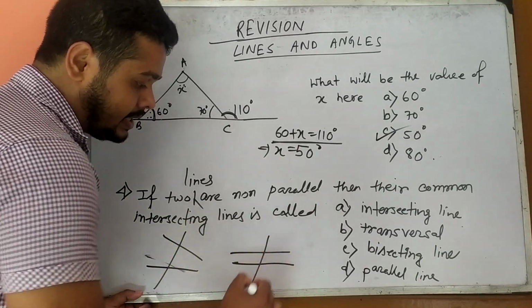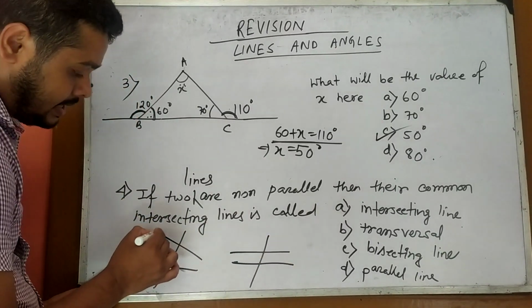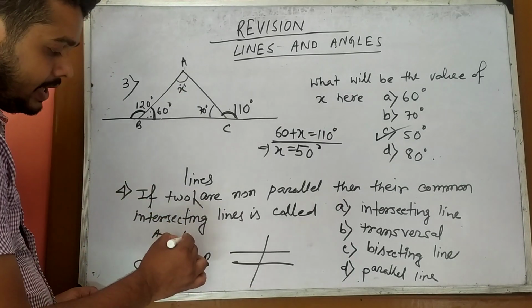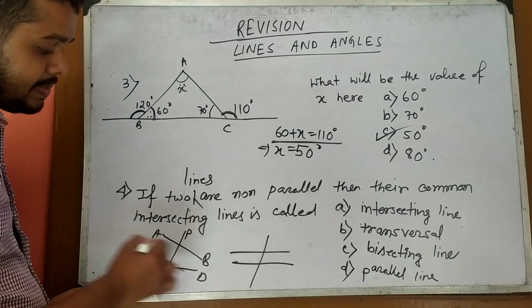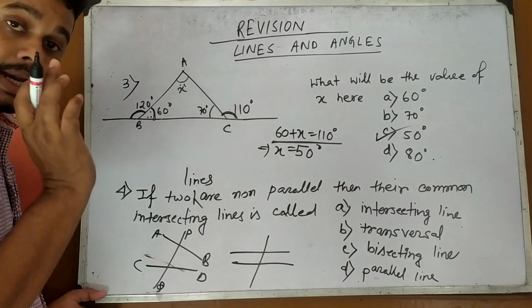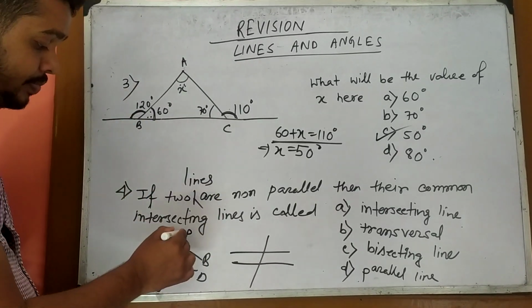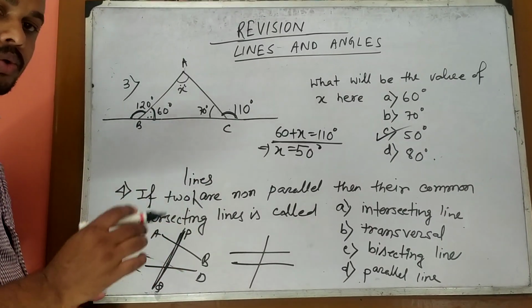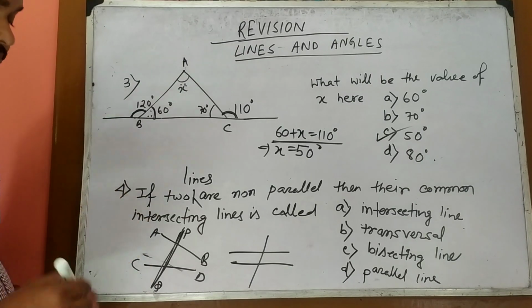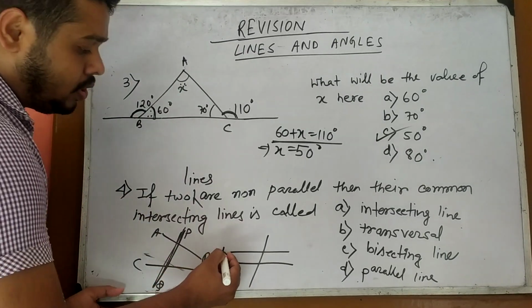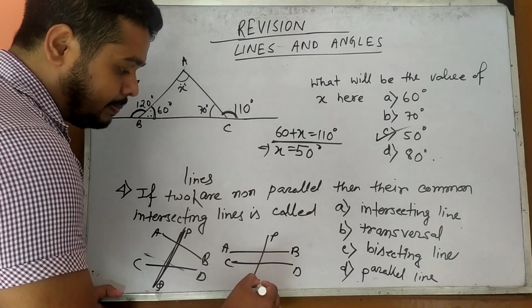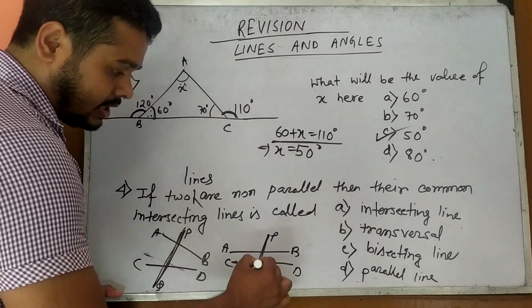This is the parallel case and this is the non-parallel case. AB parallel to CD and PQ is transversal. This time AB is not parallel to CD. This time the common intersecting line is PQ. What is the name of PQ? Simply we know when two lines are parallel, that time PQ is called transversal.